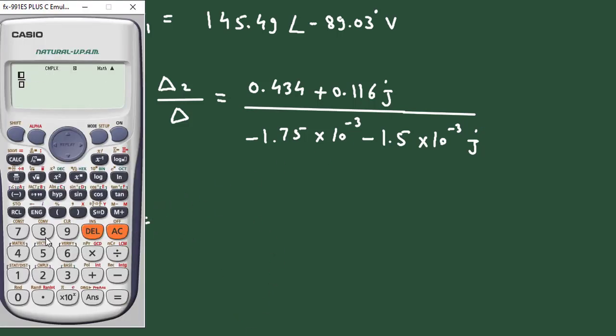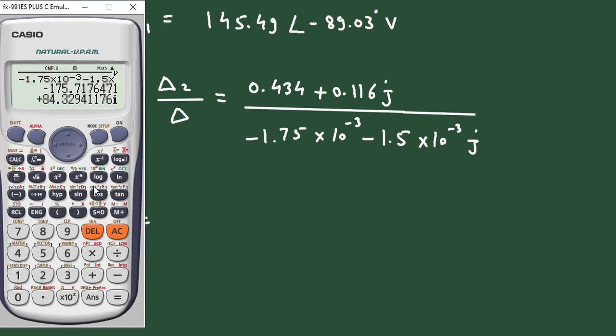So let's solve this. 0.434 plus 0.116 into j divided by minus 1.75 into 10 to the power minus 3 minus 1.5 into 10 to the power minus 3 into j.